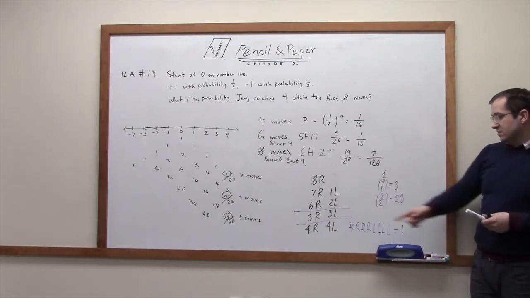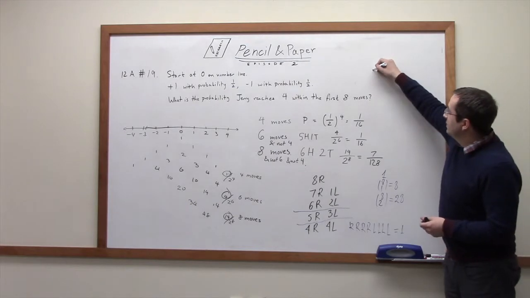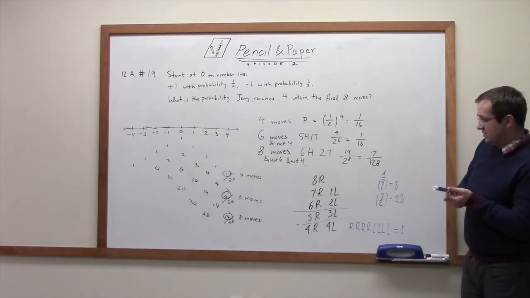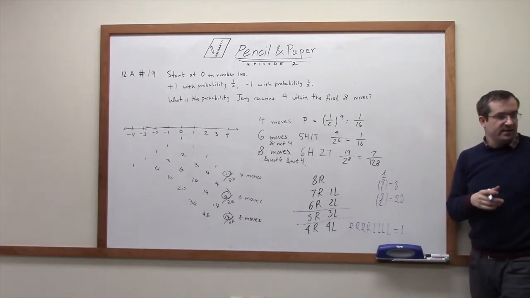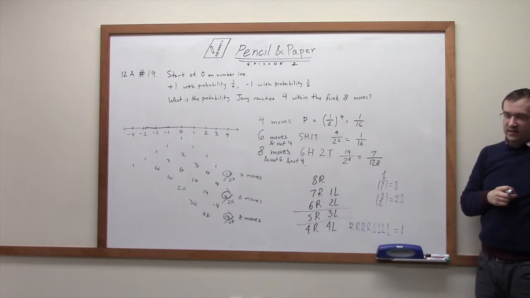Yes. So 5R 3L, how would you not be able to get to the 4? If you have 2L in the beginning, 2L appears before the 5R is completed, right?